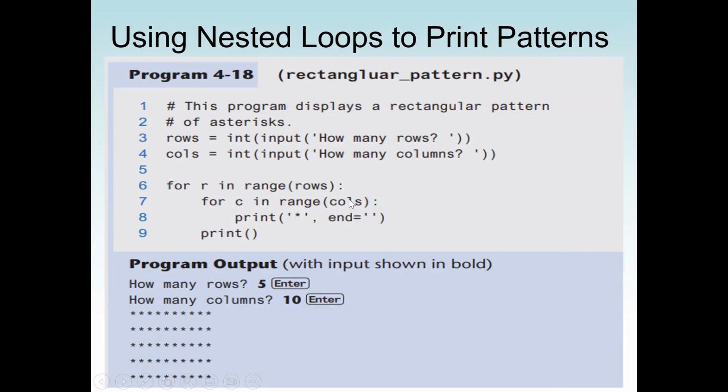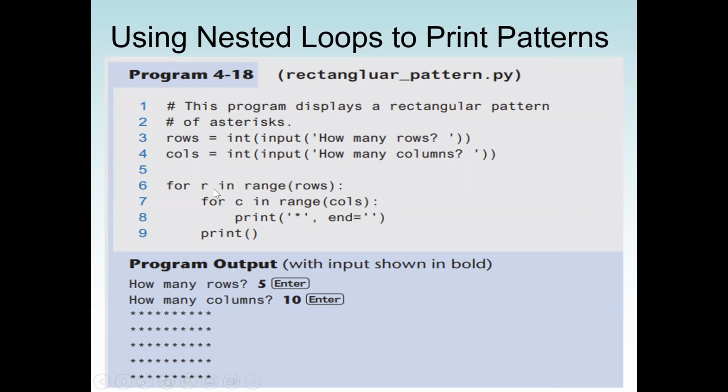Let's say the column is 10, then in my first row, the nested loop inside, which is the for C in range columns, is going to execute 10 times until it becomes false.